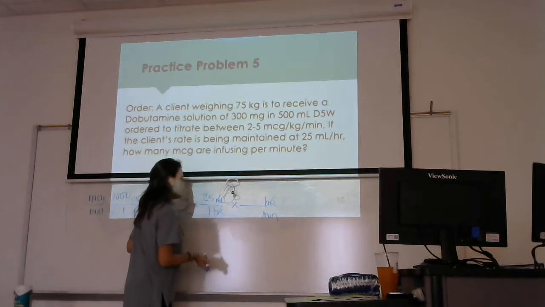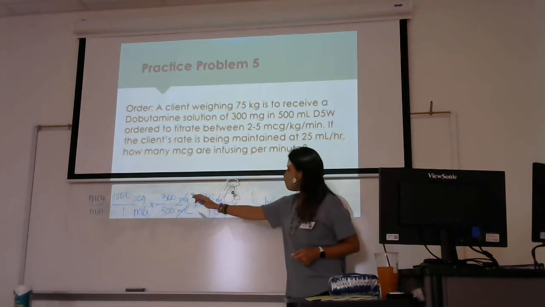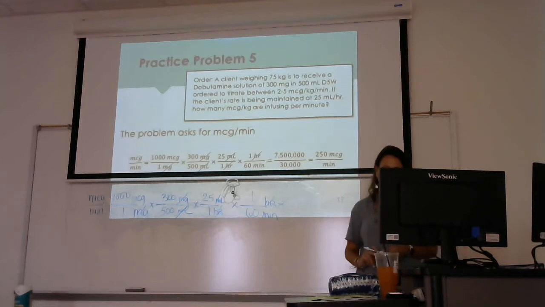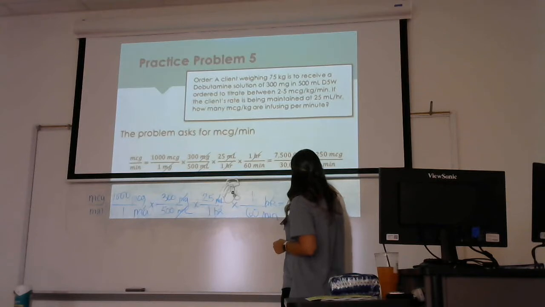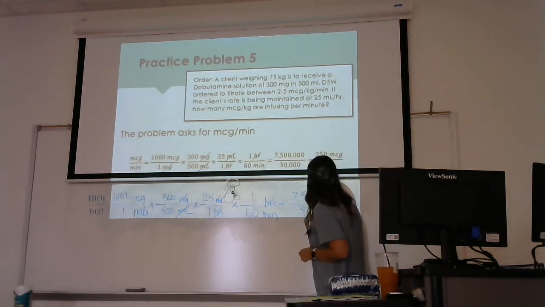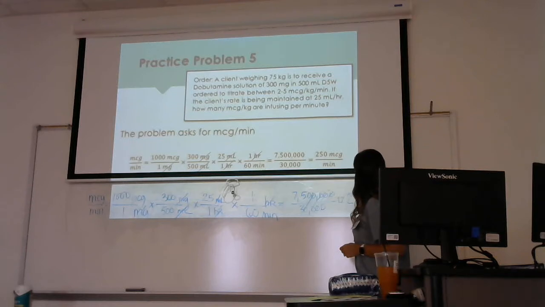They cancel. 1 hour is 60 minutes. Then mics per minute. Multiply across. Over 30,000. Do your zero trick. And we got 750 divided by 3 is 250 mics per minute. Bring it.